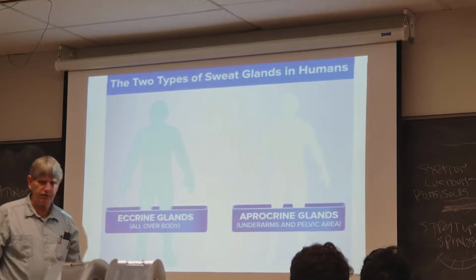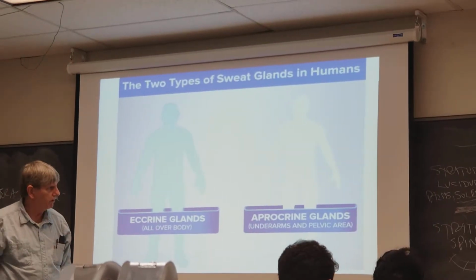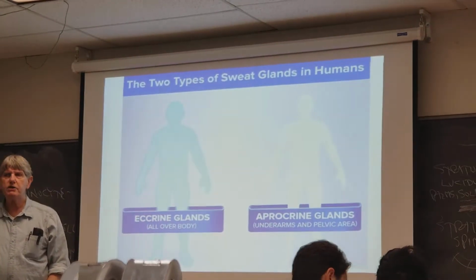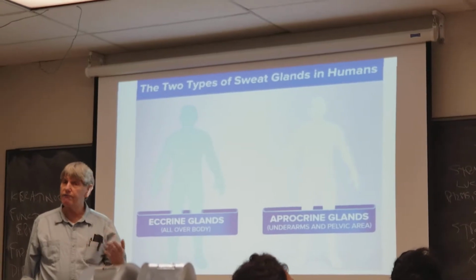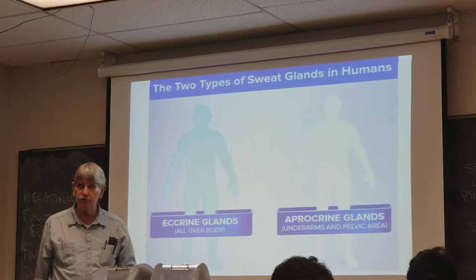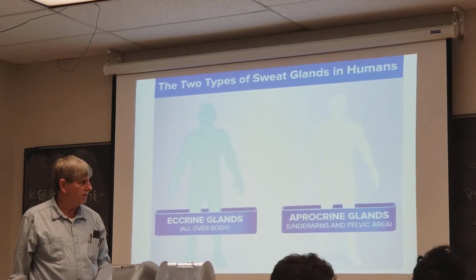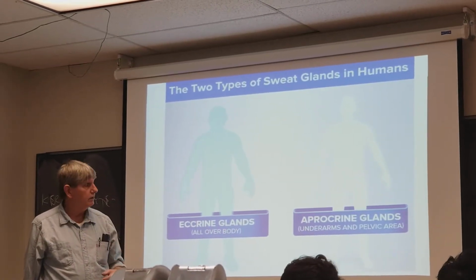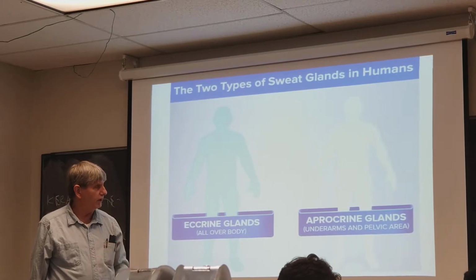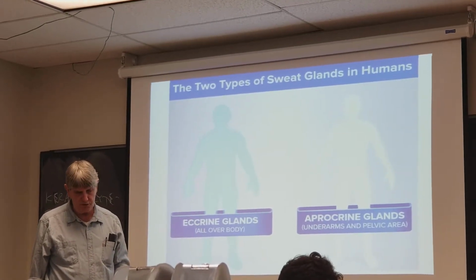The apocrine, I spelled that one wrong, it should be apocrine, is a modified sudoriferous gland that does not produce perspiration, but rather becomes functional at puberty. And you can see underarm, axillary, pubic region for this.